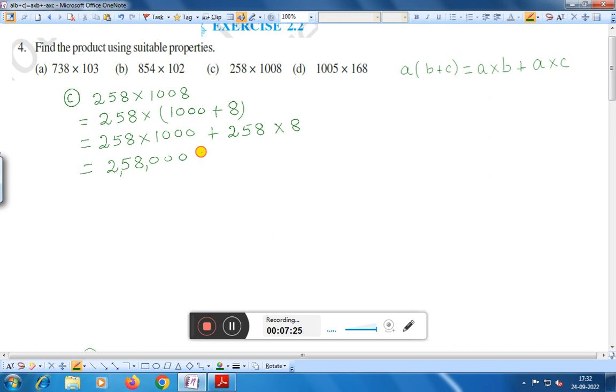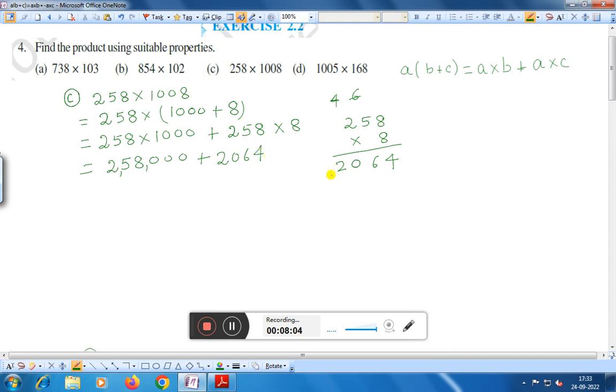And here if we multiply 258 by 8, 8 times 8 is 64, 6 carry, it is 4. Here it is 40 plus 6, that is 46, 4 carry, here 8 times 2 is 16, 16 plus 4, 20, 2064.